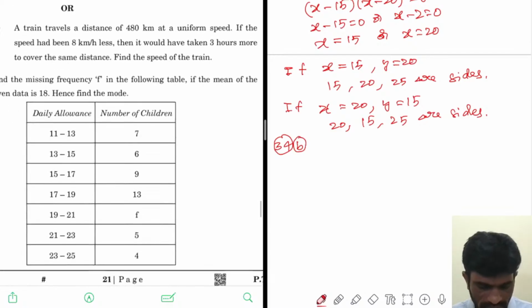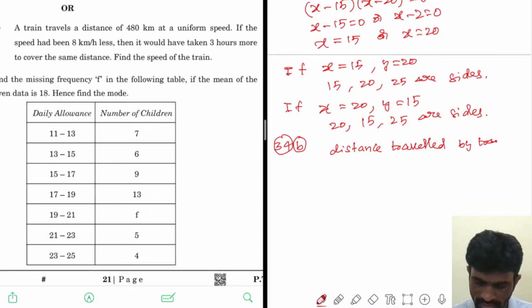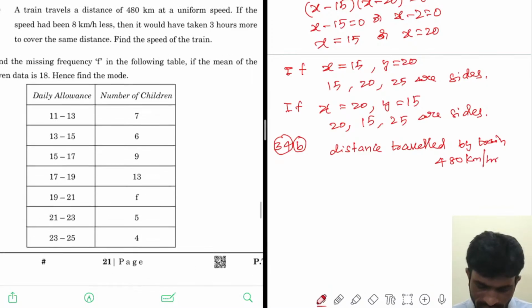34B: a train travels a distance of 480 kilometers. The distance traveled by train is given, and speed of the train is not given.